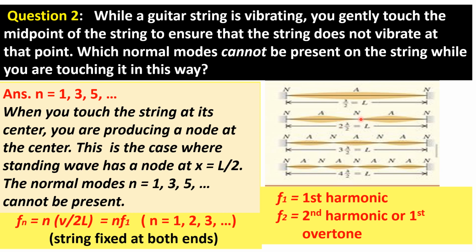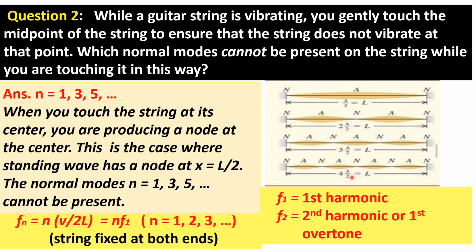Okay? So that's the first case. The second case is when the length of the string is equal to twice the wavelength lambda, or when you have 4 half lambdas. 4 divided by 2, that makes it 2 lambda.